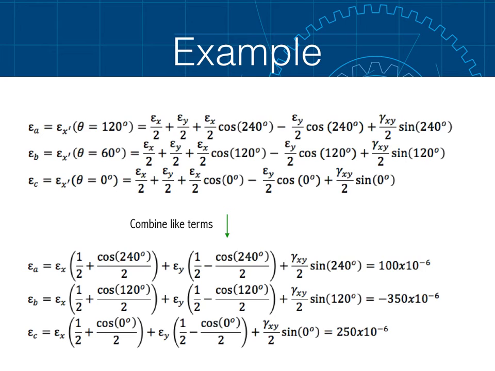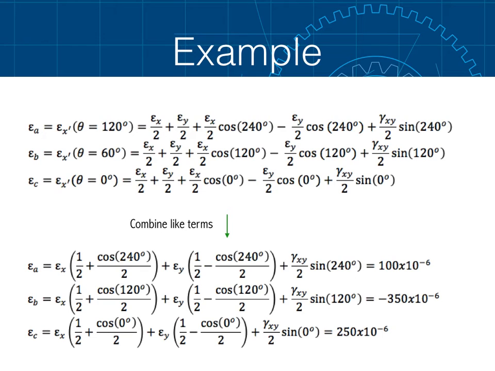Here is the equation with each of the like terms combined. As we see here, epsilon x is now multiplied by 1/2 plus cosine 240 over 2. Epsilon y is multiplied by 1/2 minus cosine 240 over 2.